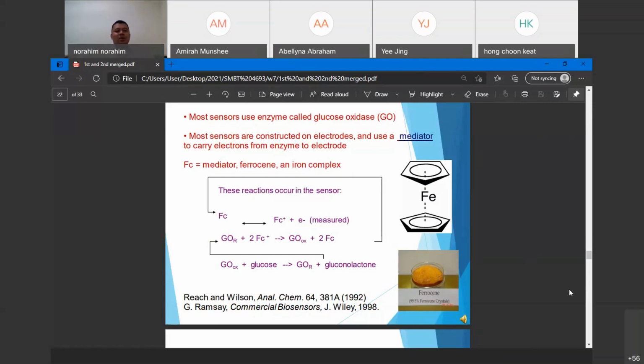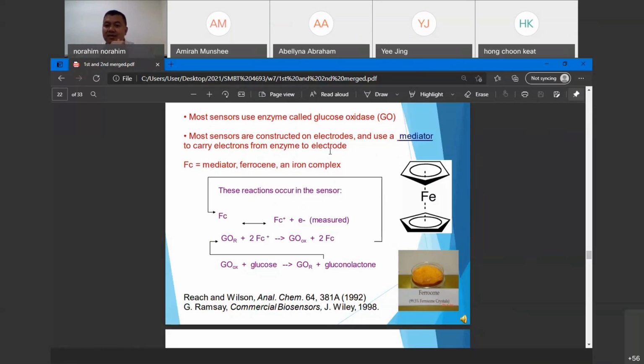Okay, most sensors are constructed on electrodes and use a mediator to carry electrons from enzyme to electrode. Remember, in order for electrons to transfer, they need a carrier ataupun dia kena transfer dari mana? From the electrode surface kan? Nak masuk ke external wire. And circuit tu, macam mana dia nak transfer?